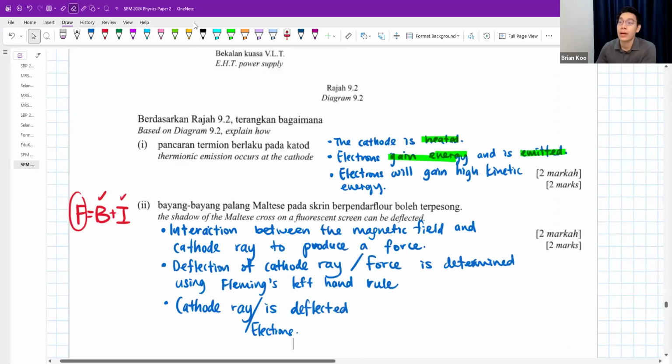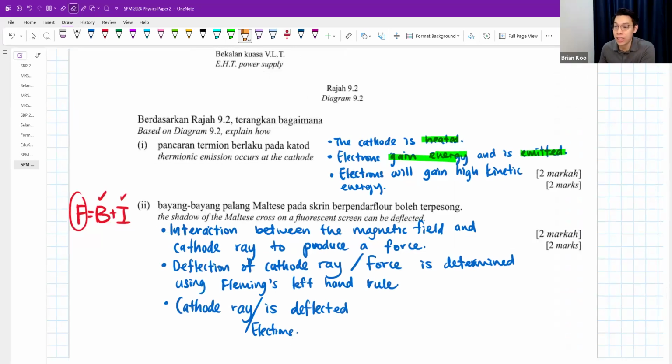So this is talking about the interaction that happens between the magnet and also the current. Normally we call it a current carrying conductor, but right now it's just a cathode ray to produce a force, right? And then to determine this force, we use Fleming's left-hand rule. You can always throw this in if you know. And then it ends up gets deflected. What is deflected? You say the cathode ray is deflected.